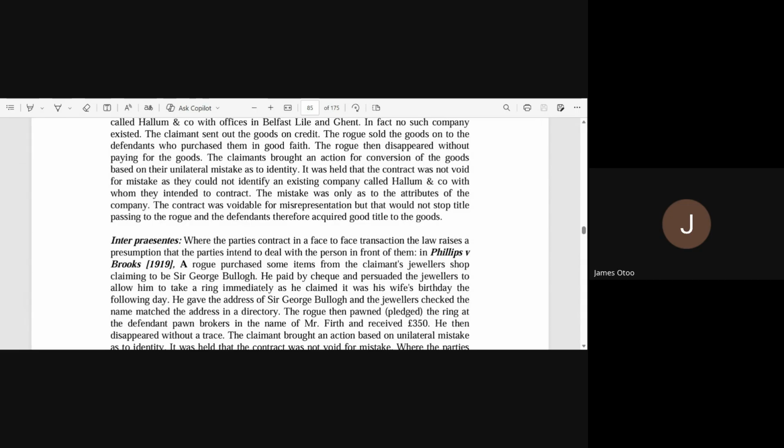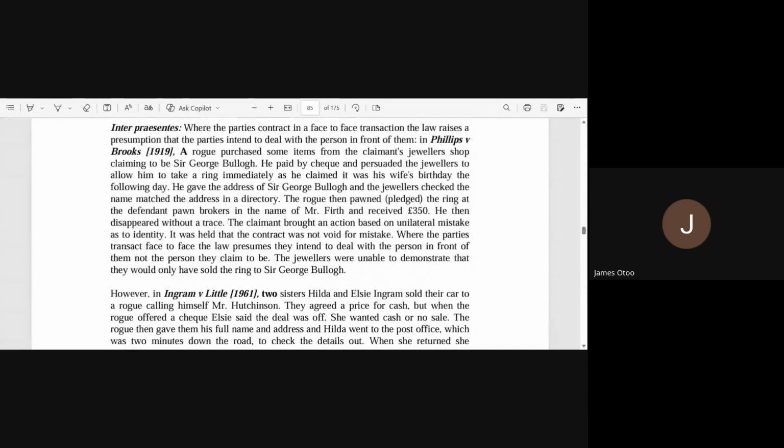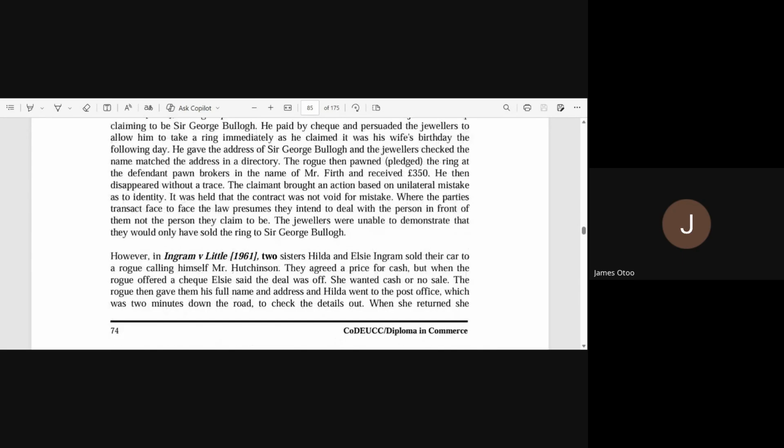So if I appear before you and I say I am so-and-so, and you deal with me, the law is that I am the person I claim to be. Some case law says that if it turns out that you are not the same person, you can be sued. So that is the principle.